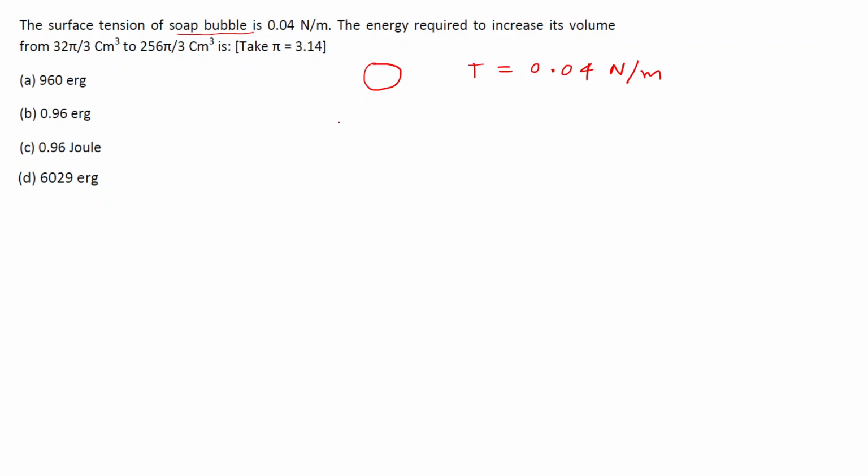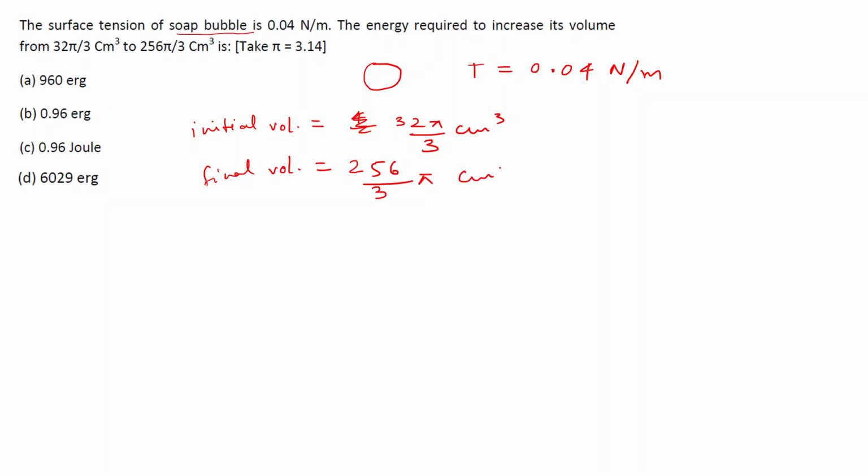So initial volume we have been given 32 pi by 3 centimeter cube. Final volume, we have been given 256 pi by 3 centimeter cube.